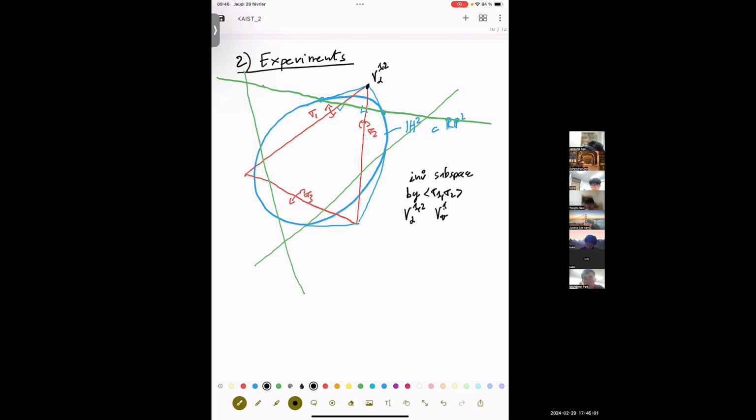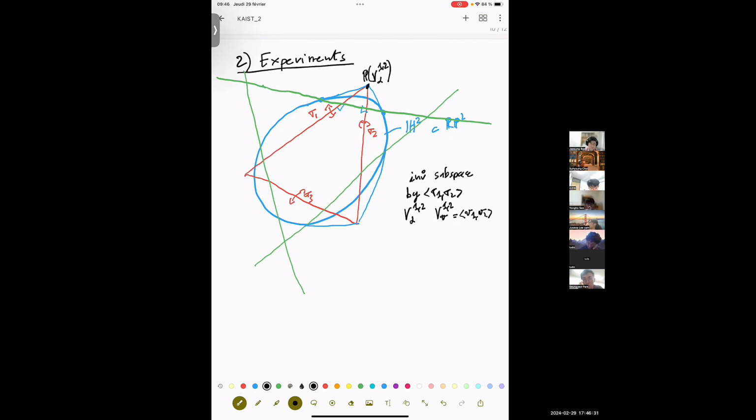I'm more interested in this one, which is the vector space or the projective space spanned by V1, V2. So technically this is P of V alpha 2. Since it's generated by 2 points in RP2, it's a line, so it must be this line.